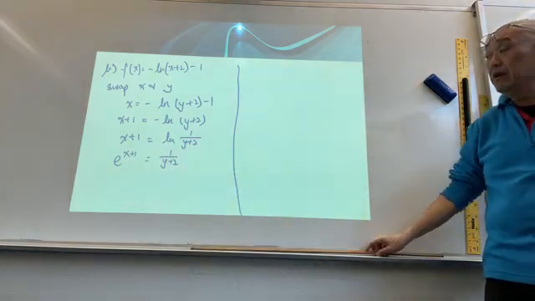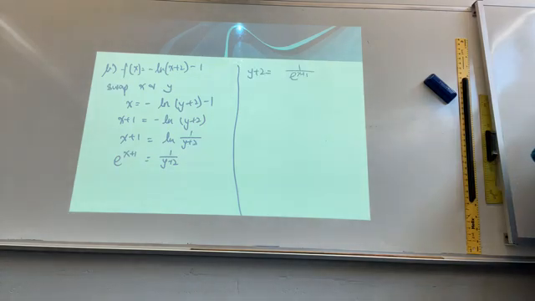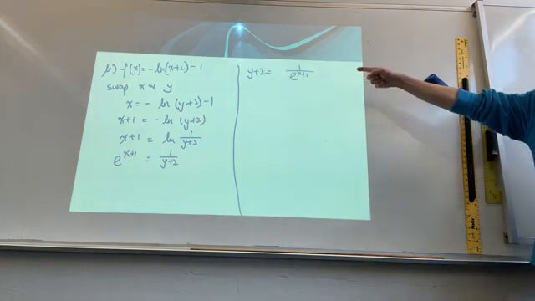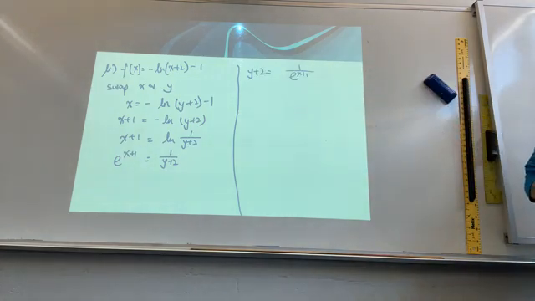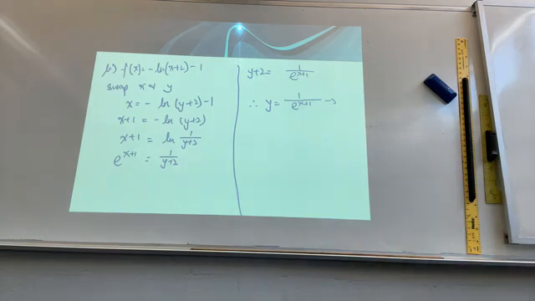Happy? So therefore y plus 2 equals 1 over e to the power of x plus 1, and therefore this is your inverse: y equals 1 over e to the power of x plus 1, minus 2.